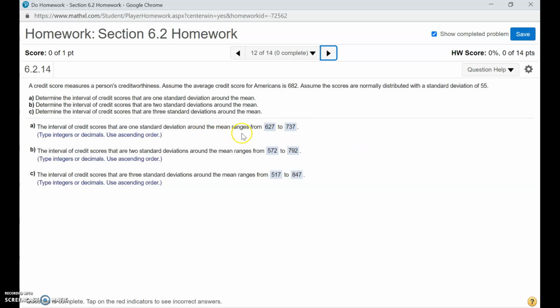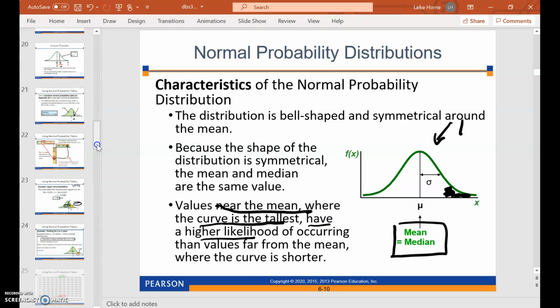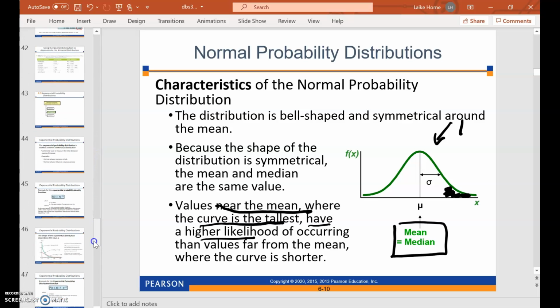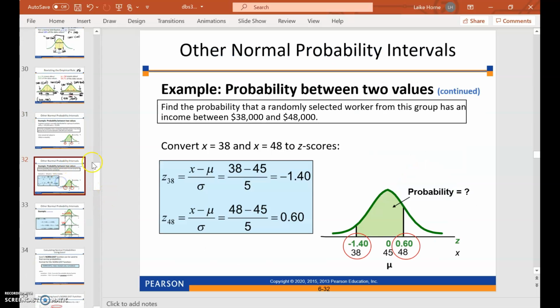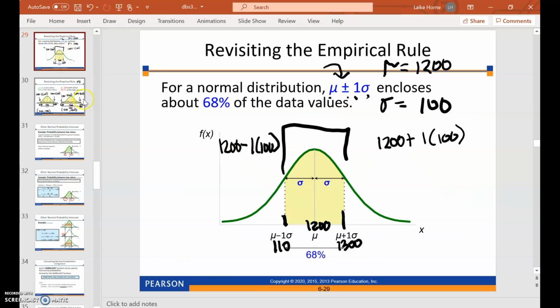For question number 12, you're just going to use the formula that we used earlier in this video. Right here, this is what you're going to do: the mean plus 1 times the standard deviation, the mean minus 1 times the standard deviation.